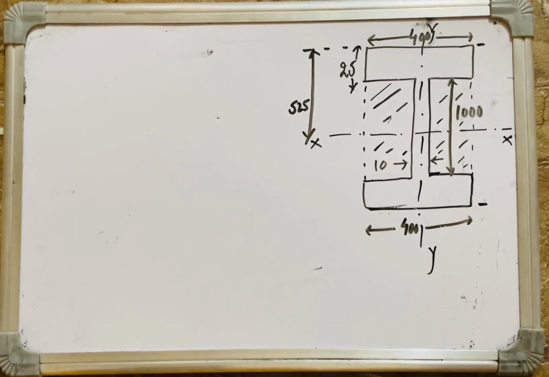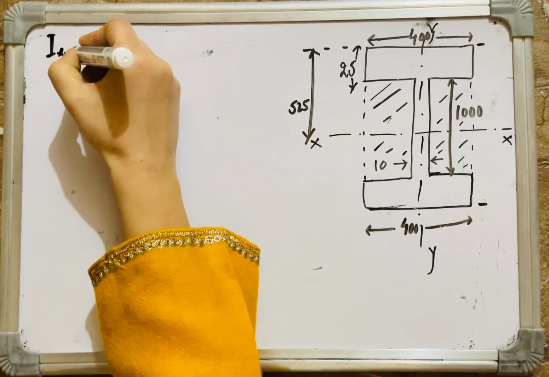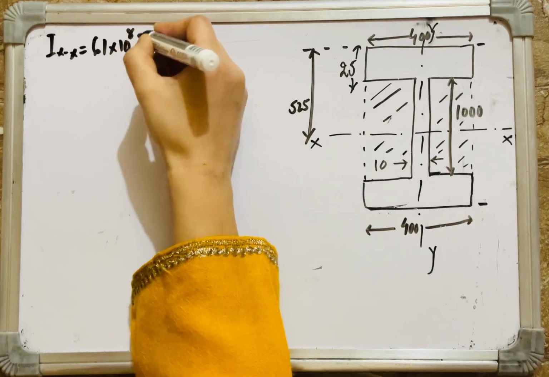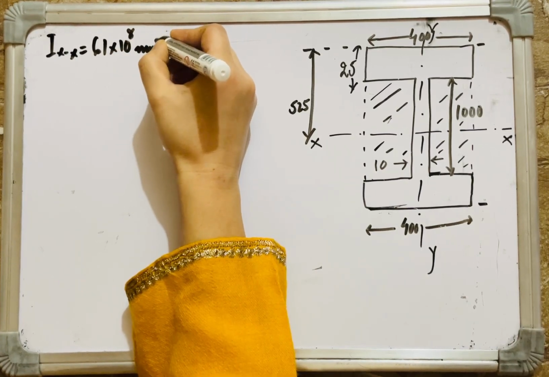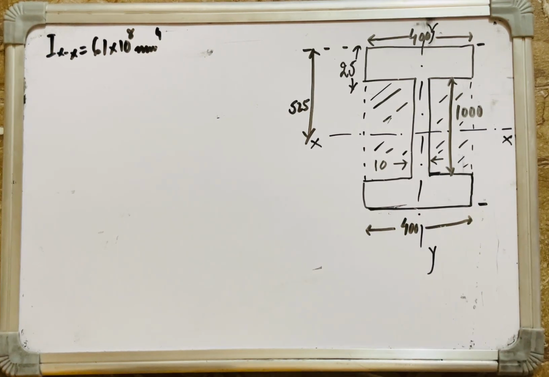All right. So now I calculated my moment of inertia of this trial section of the plate girder about the x-axis, and this came equivalent to how much? 61 into 10 raised power 8 mm raised power 4, because every dimension was in millimeters. All right.